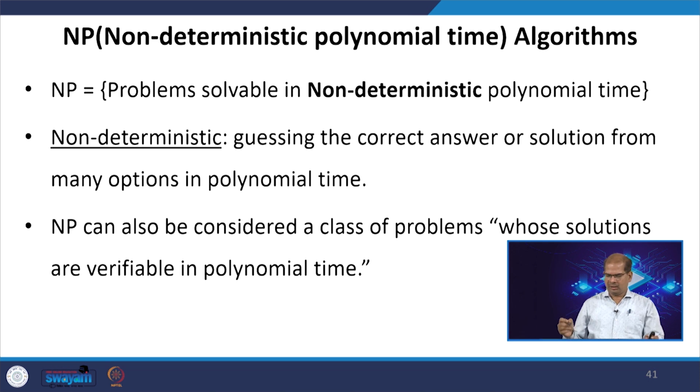The main idea here is that we cannot find a solution for an NP problem, but we can guess some solution, and that solution we can verify in polynomial time.